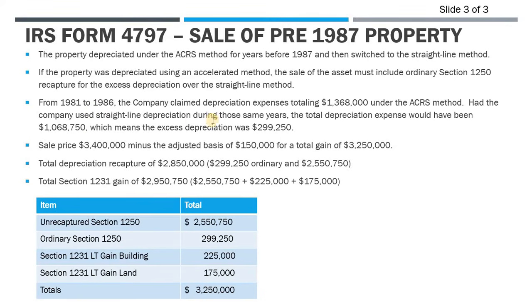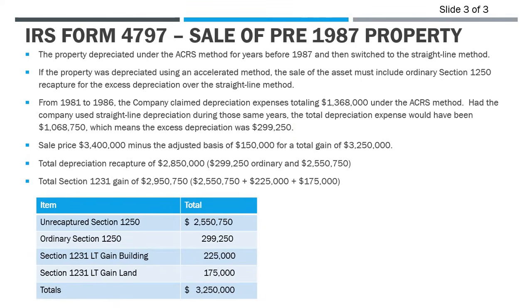So in this example here, from 81 through 86, the company claimed depreciation of 1.368 million. Had they used straight line instead, they would have only deducted the 1.06 million there, so 1,068,750.